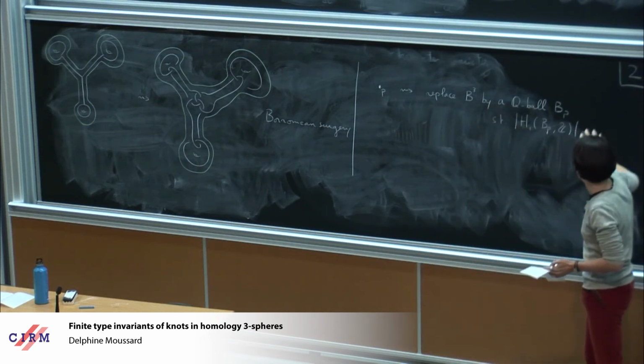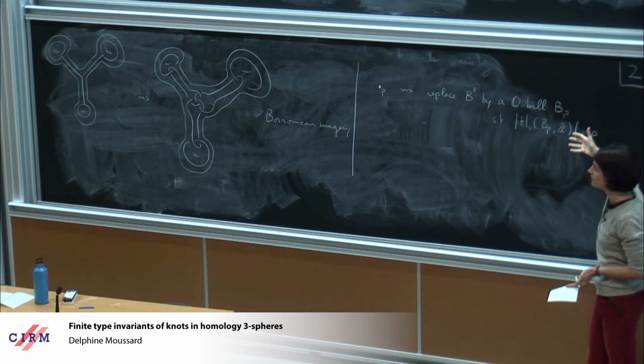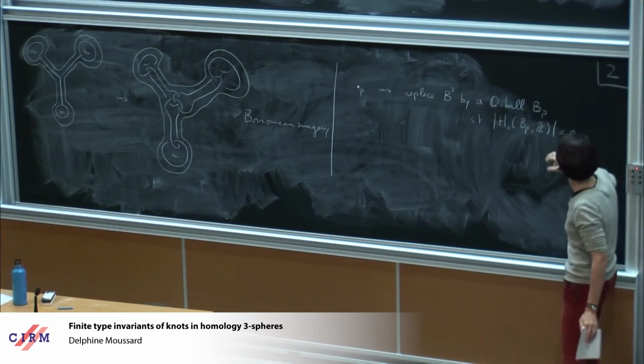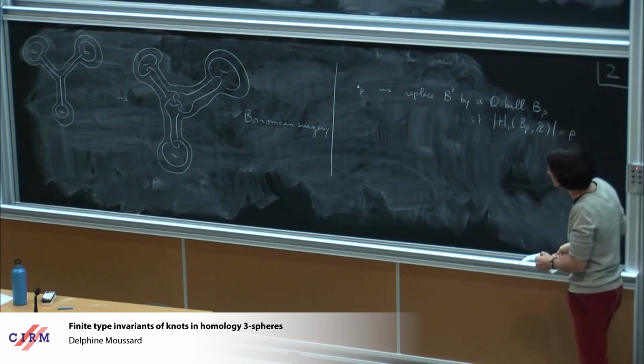So this, of course, is associated with the degree 1 invariant that I mentioned, that has a periodic valuation of the cardinality of the first homology group.